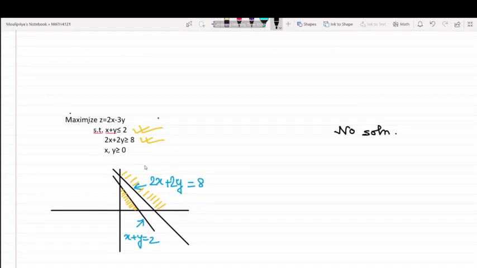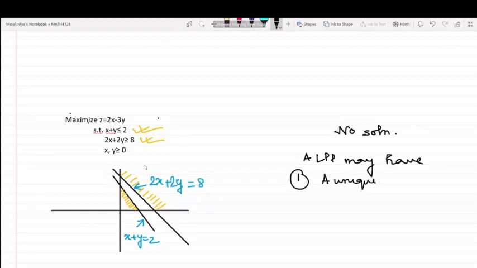Okay. So what we can conclude is a linear programming problem may have, number one, a unique and finite optimal solution.